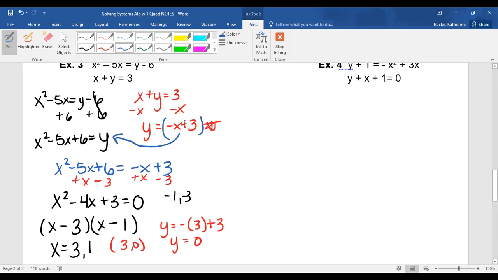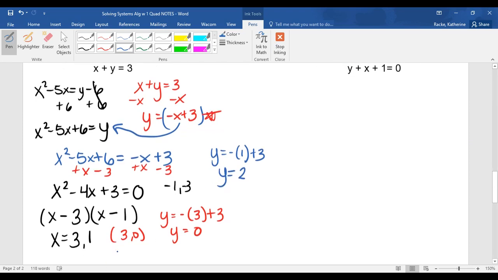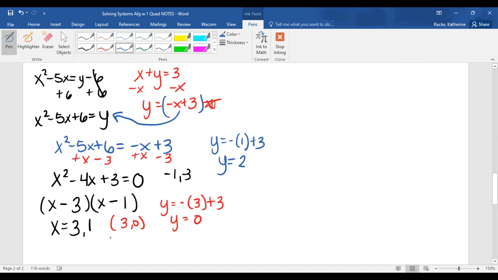For my second one, I'm going to plug in 1. So y equals -1 plus 3, which gives me 2. So if y equals 2, my second point is (1, 2). And these are my two answers right there.